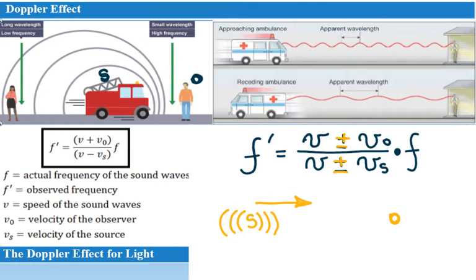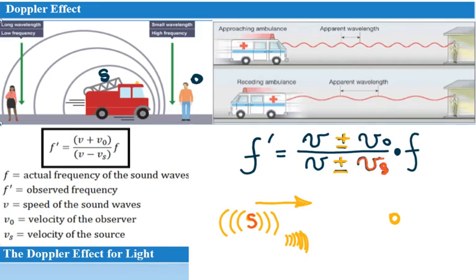Higher frequency means you are compressing the wavelengths in front. So to get the higher frequency, you take the velocity of the source. So here is the velocity of the source.